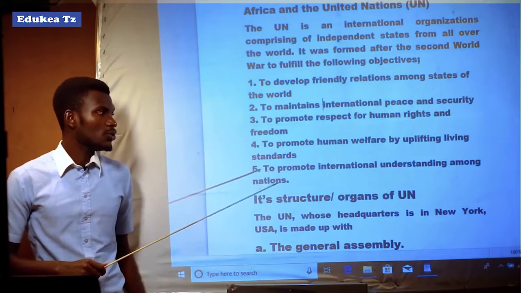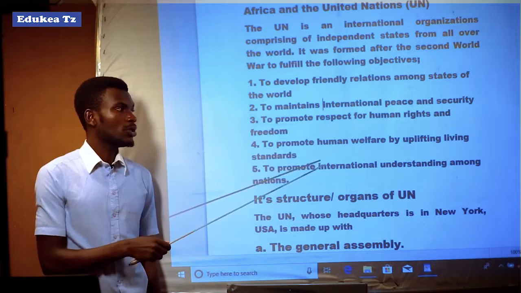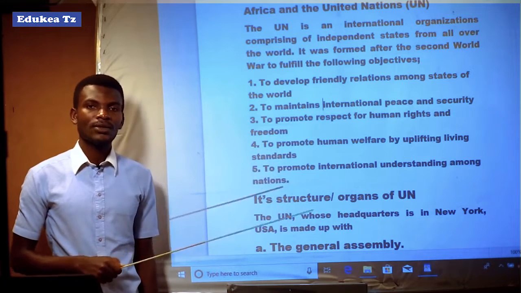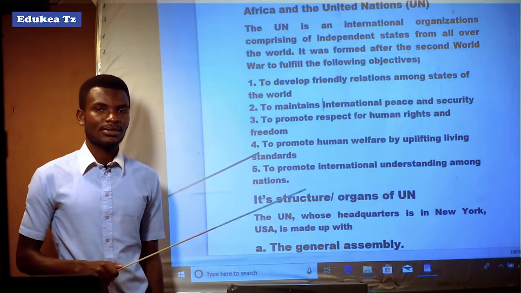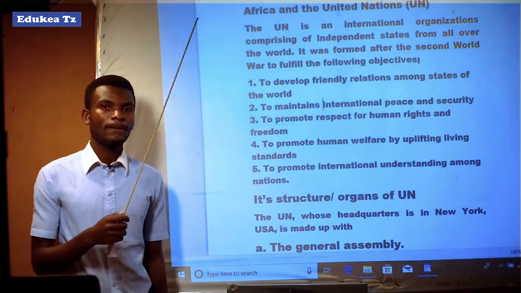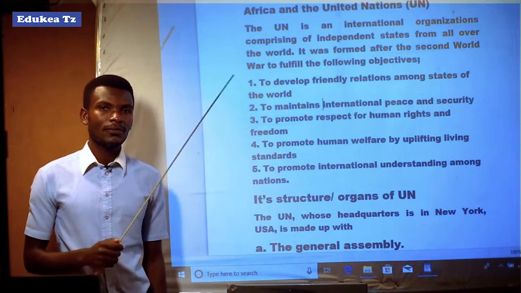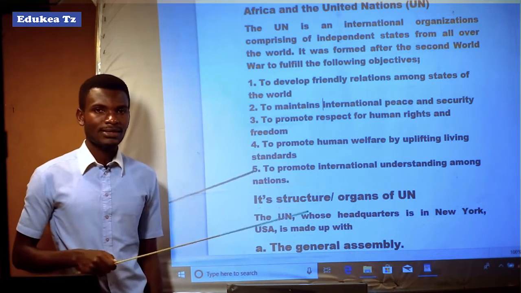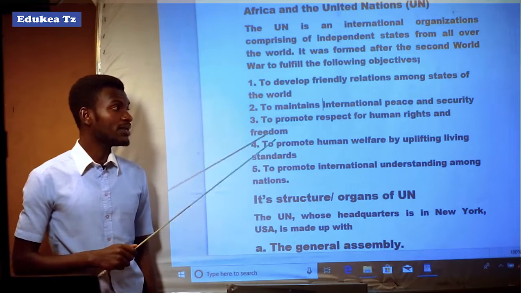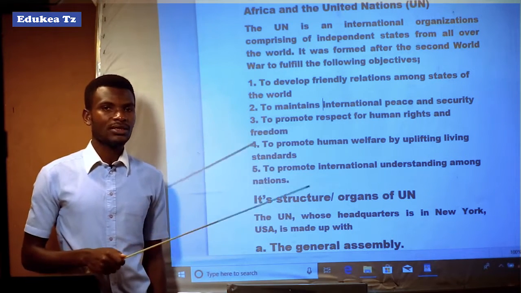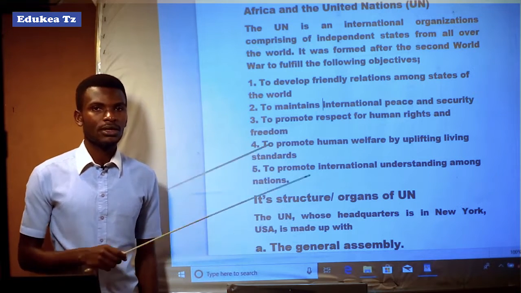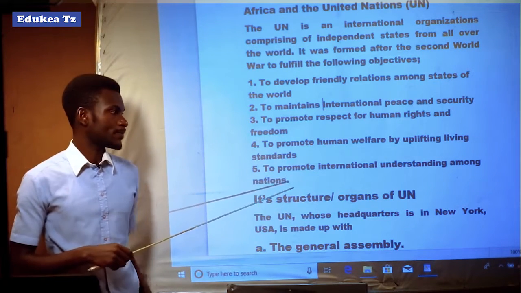It means that the UN was formed to promote human welfare by uplifting the living standard of the people in each member state. That's why the UN comprises various organs, and every organ performs its work according to the functions which have been assigned to it.